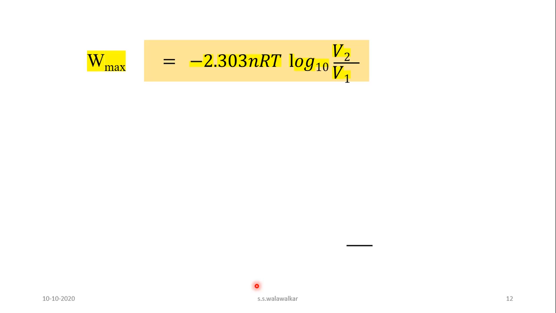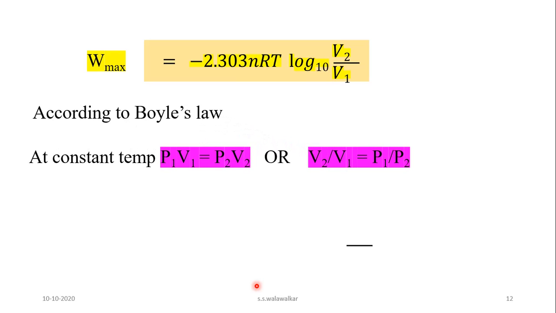Note it down: w max is equal to minus 2.303 nRT log to the base 10 of V2 upon V1. But according to Boyle's law, at constant temperature, we have studied this in 11th standard, P1 V1 is equal to P2 V2, and therefore this term V2 upon V1 is equal to P1 upon P2.